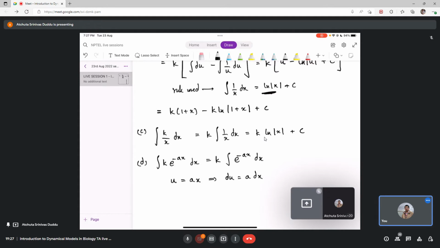So now substituting this into the integral, we have the integral as k times the integral of e power minus u by a du. A is a constant, again it will go out, so we have k by a times the integral of e power minus u du.